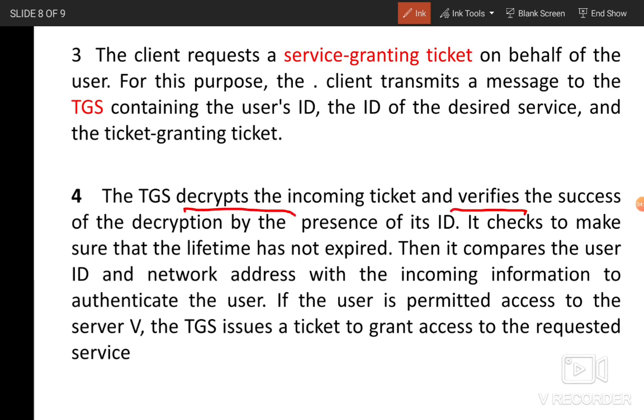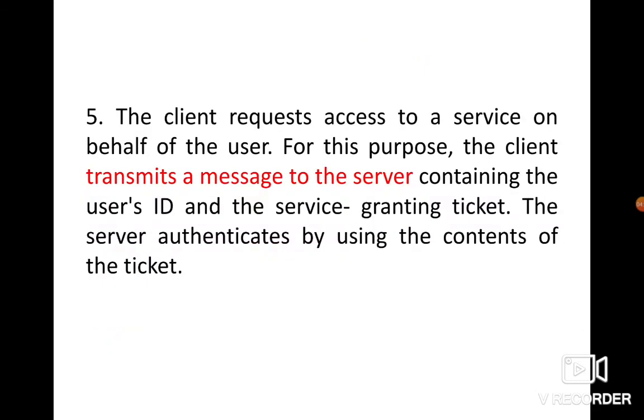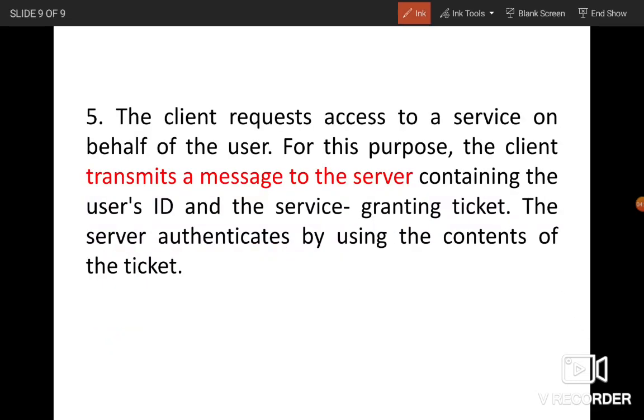After the verification, it checks whether the lifetime has not expired. Then it compares the user ID with the network address. Once all the verification is done, if the user is permitted to access the server, it issues the server ticket.